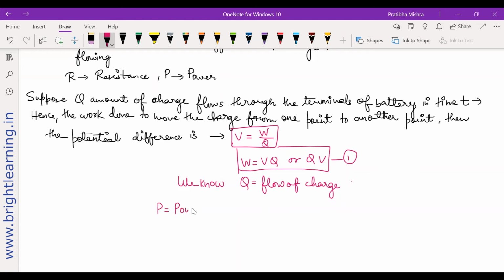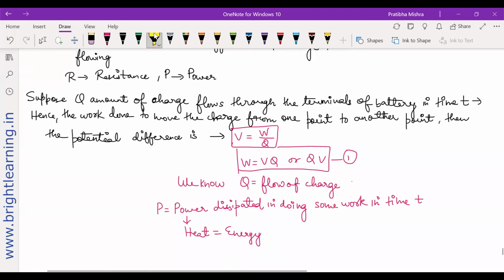So let P be the power dissipated in doing some work in time T. Power is nothing but heat, and heat is equal to energy. So all these three terms are the most important things. These are the things that we will study about.